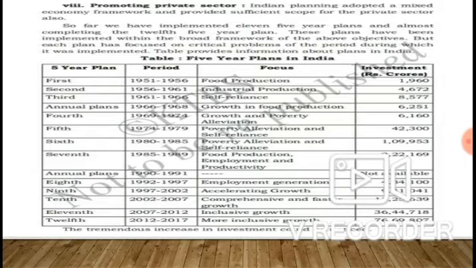The ninth, accelerating growth, and the 10th, from 2002 to 2007, comprehensive and faster growth. The 11th, from 2007 to 2012, inclusive growth. The 12th, 2012 to 2017, more inclusive growth.